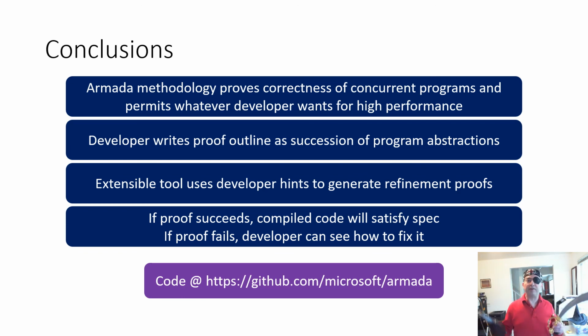This tool for generating proofs is extensible and allows a variety of program transformations to be used by the developer. The proofs that are generated, if they fail, give guidance to the developers on how to fix the proof or how they can customize the proof to make it go through.